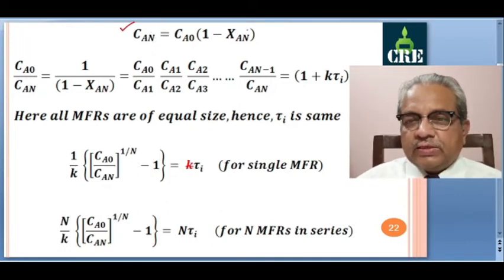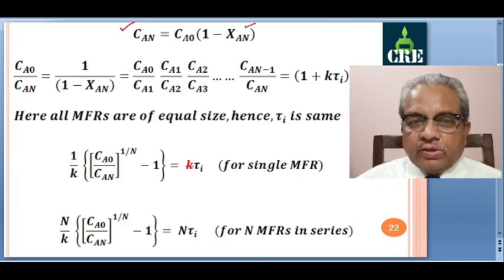Ca0 into 1 minus Xan, the conversion in the nth reactor. This I can write as Ca0 by Can is equal to 1 by 1 minus Xan. Ca0 by Can is nothing but the ratio of the concentration entering and leaving for all these reactors.